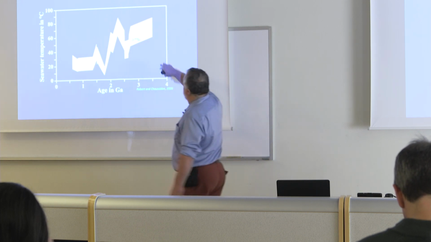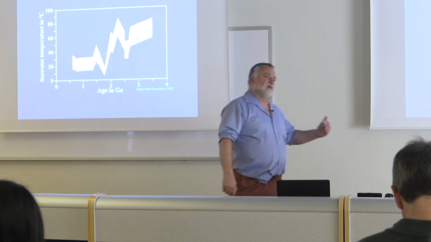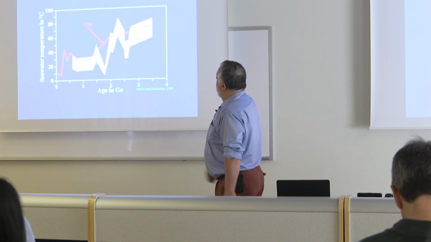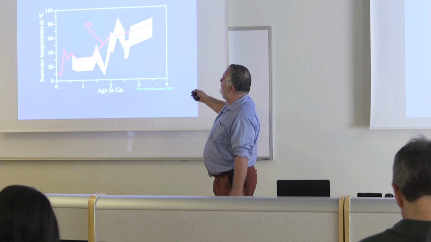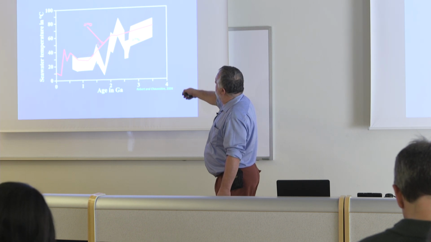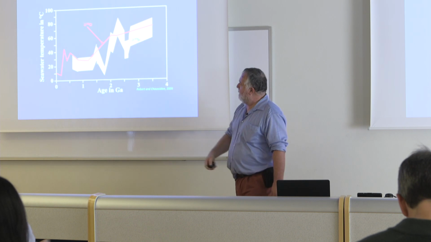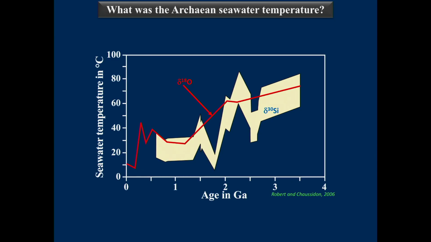So these isotopes provide some evidence of very high temperature in the Archaean seawater. If now we use oxygen isotopes, we have more or less the same result. So, well, here there is a depletion that is not recorded by oxygen, but more or less very high temperature during the Archaean. This is the work done by Robert and Chaussidon.